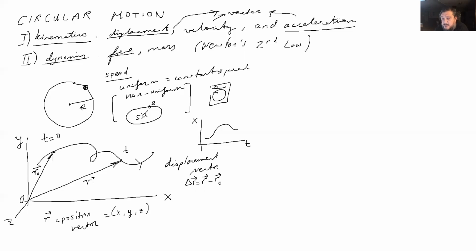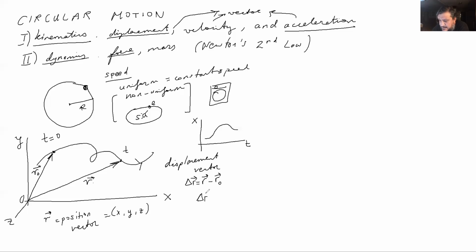R0 subtracted from R, that is your displacement vector. Now that is the same for all observers, no matter where they pick their origin. Be patient, we're going to come to the circular motion. I'm just reviewing our variables, displacement, and you may recall what we did in class with this delta R.